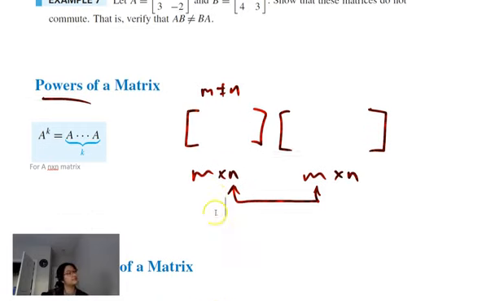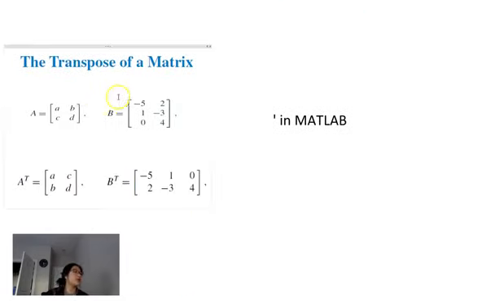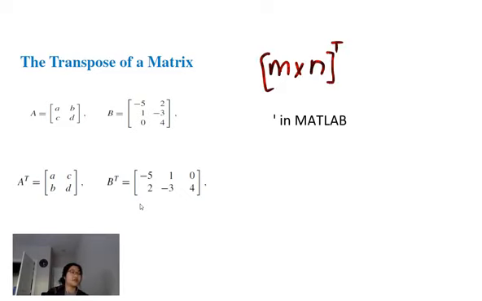Speaking of transposes, when we take the transpose of a matrix, you take the entries that are not on your main diagonal and swap where they are. Some people use a capital T superscript, and in MATLAB you use the apostrophe. An m by n matrix, when you transpose it, becomes an n by m matrix.